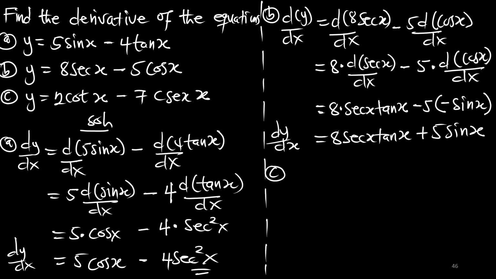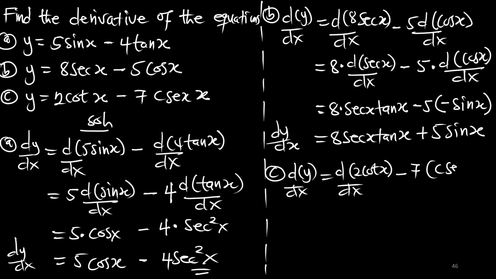So I'll apply the derivative to y with respect to x, the derivative of 2 cot x minus 7 cosec x. So the derivative should come. So I can apply it here.